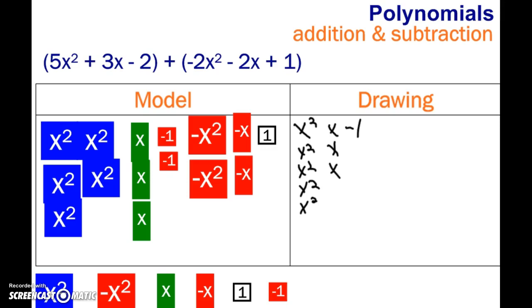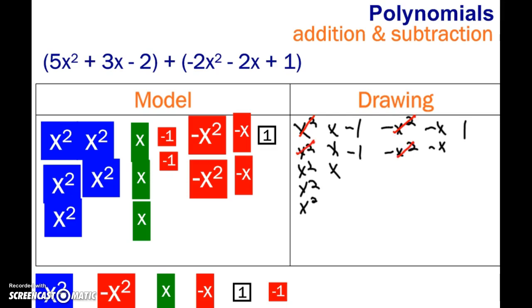Minus 2, so negative 1, negative 1. Then I put the other one down, negative x squared, minus 2x, plus 1. Now I'm going to add those like terms together. Don't forget, folks, that x squared and negative x squared, they're opposites or inverses, they add to 0, so they cancel each other out.